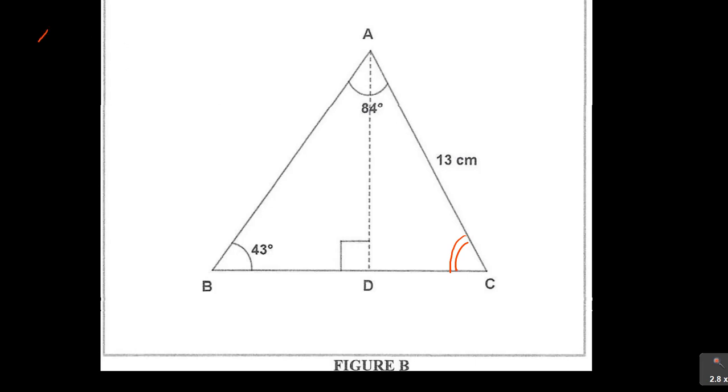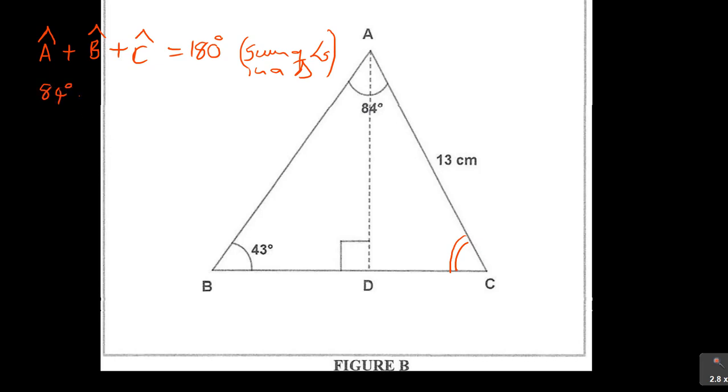So I can say angle A plus angle B plus angle C is equal to 180 degrees, and the reason is the sum of angles in a triangle. Remember, they add up to 180.